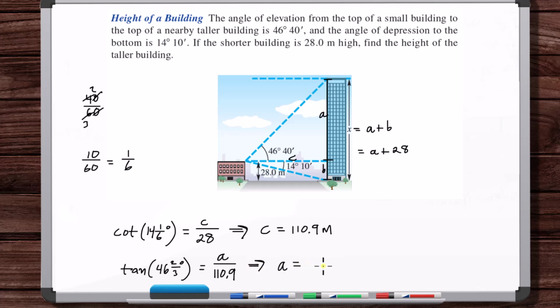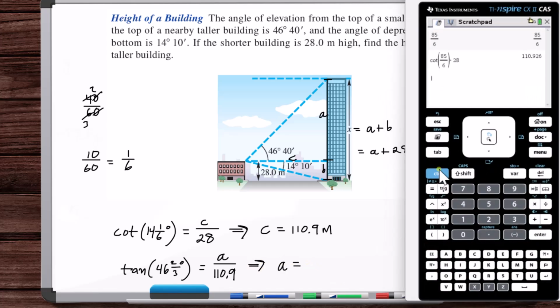So A is equal to, 46 times 3 is 138 plus 2, so 140 over 3. Tangent of 140 over 3 times 110.9. That's A, 117.5.